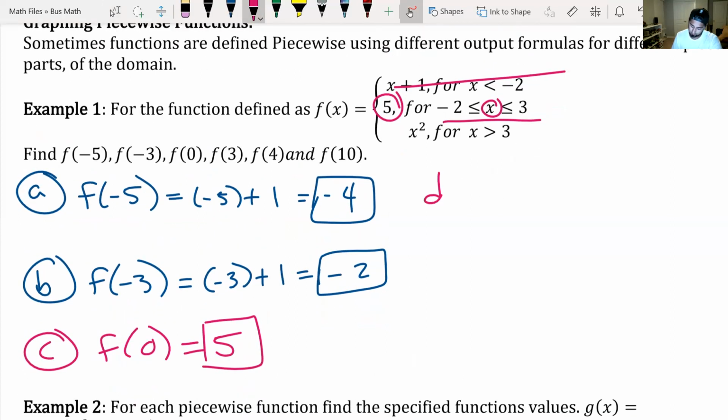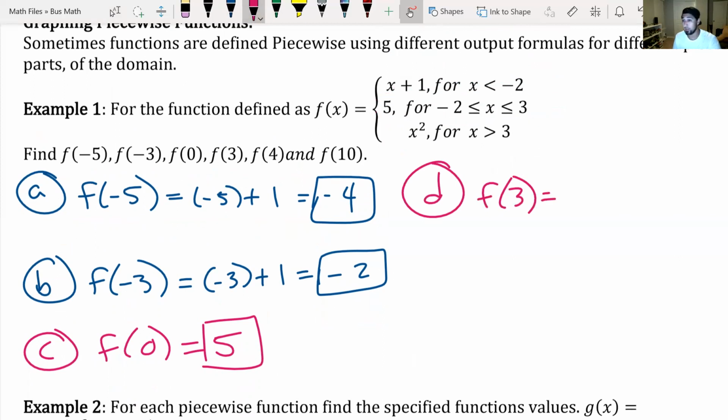D. F of 3. Check our restrictions. Is 3 less than -2? Definitely not. That's out. Is 3 in between -2 and 3 and also included?